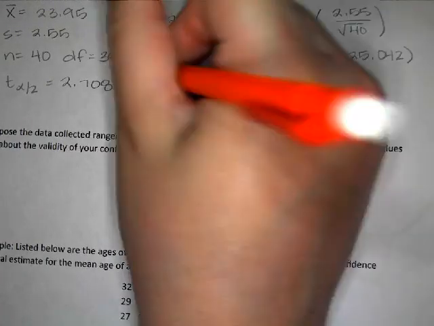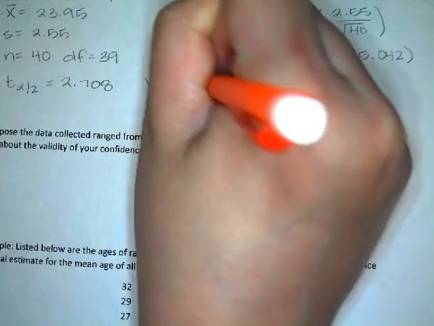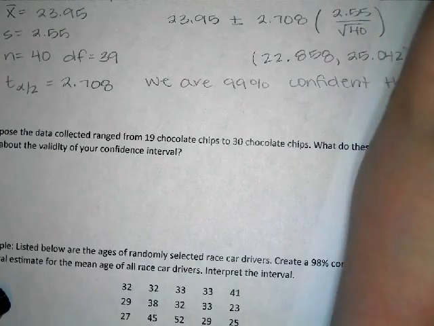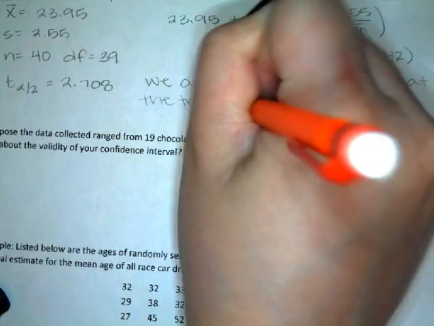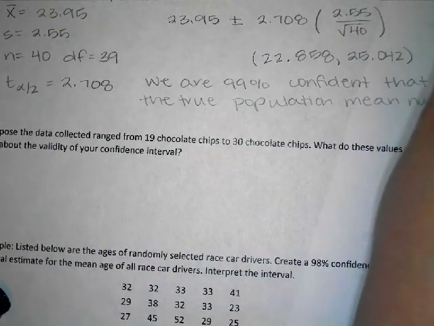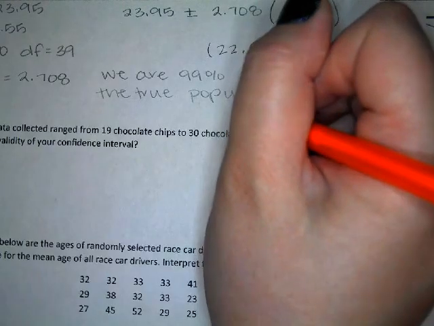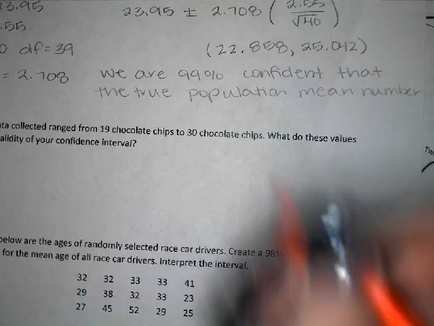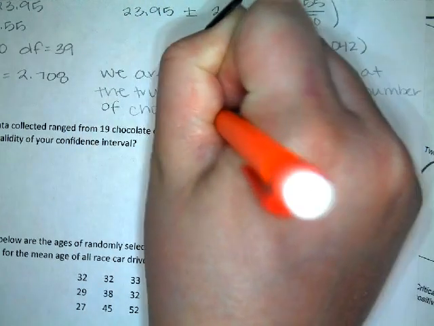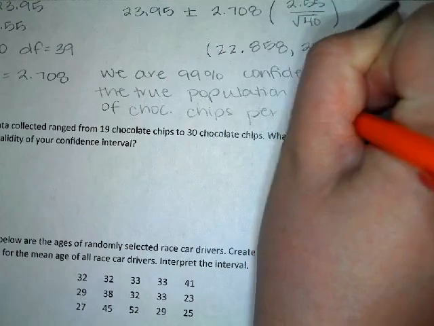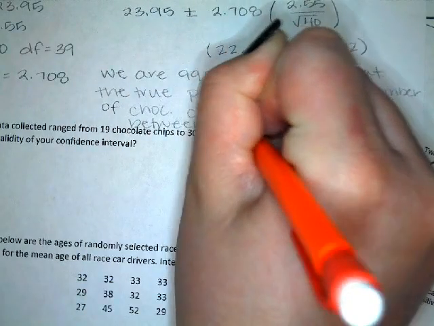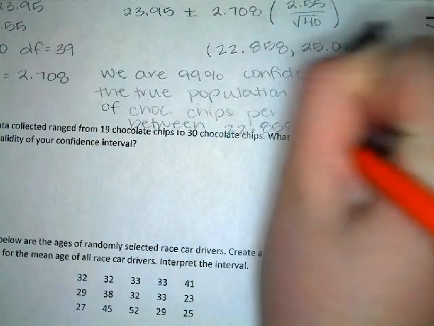So we are 99% confident that the true population mean number of chocolate chips per cookie is between 22.858 and 25.042 chocolate chips.